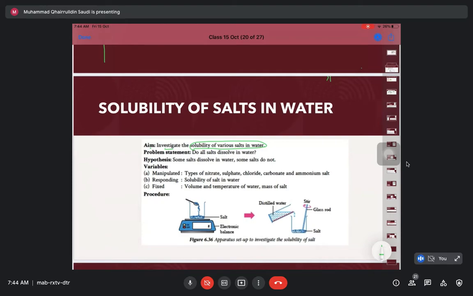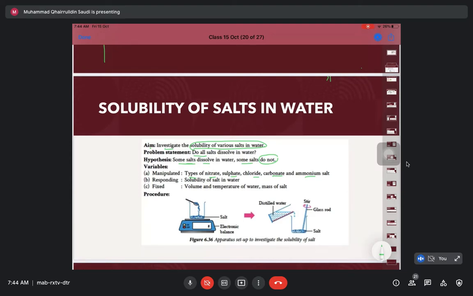So the problem statement is, do all salts dissolve in water? And our hypothesis is, some salts dissolve in water while some salts do not dissolve in water. So the manipulated variable would be the type of nitrate salt, sulfate, chloride, carbonate and ammonium salt. Okay, semua salt yang ada yang kita nak test.